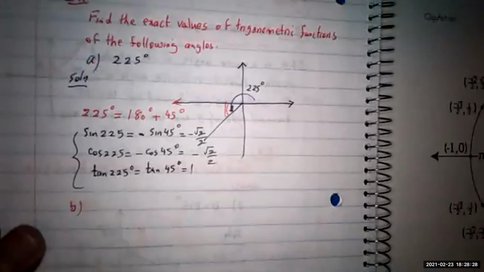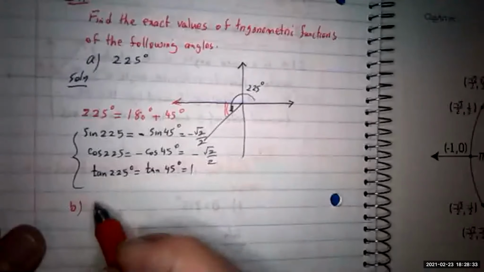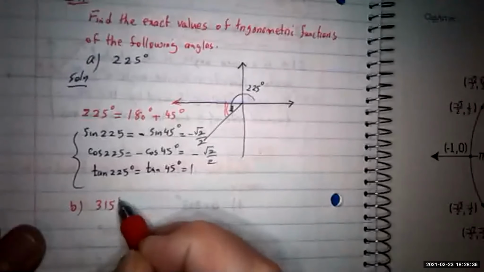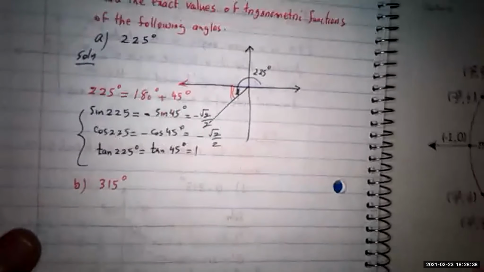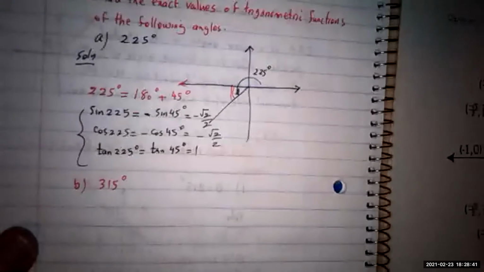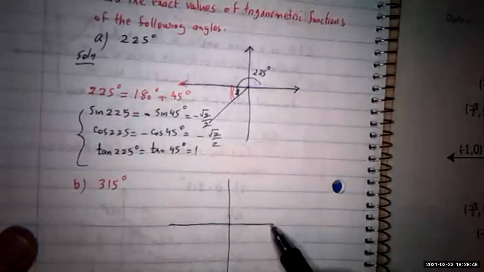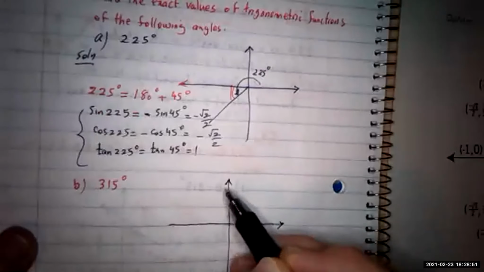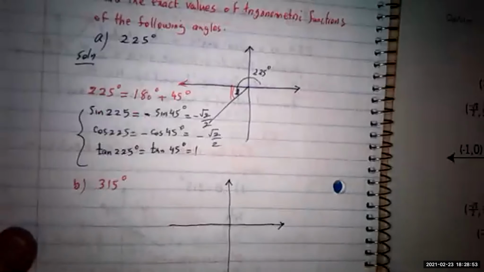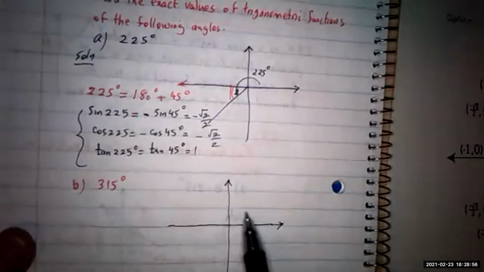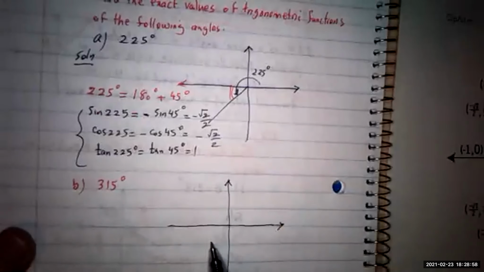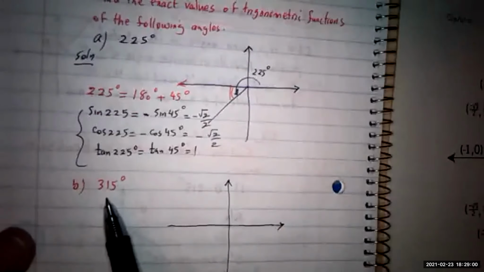So the next one is something bigger. Let's have, how about 315 degrees? Again, 315 degrees is on the table. You can check it, but I want to show you how you do the reference angle things. So 315 is going to be bigger than 270. So that's 90, 180, 270. So we are going to be here. It's going to be 270 and 45 again.